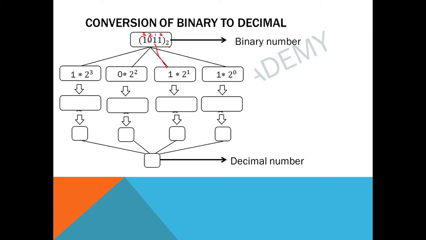Then again the third digit, 0 into 2 power 2, and 1 into 2 power 3.